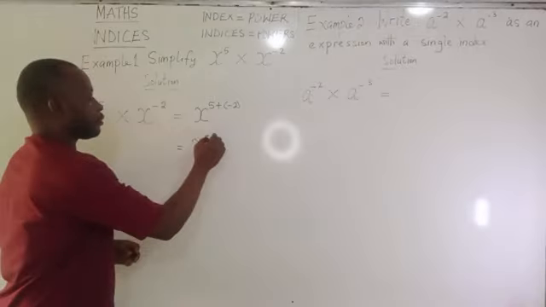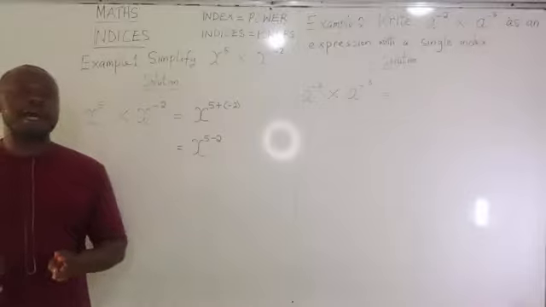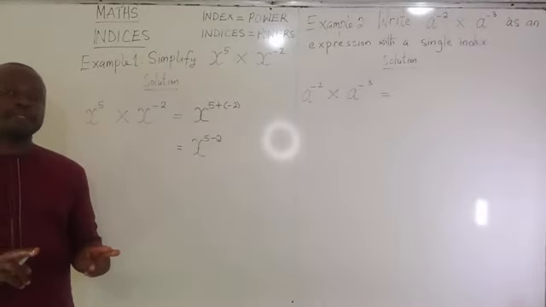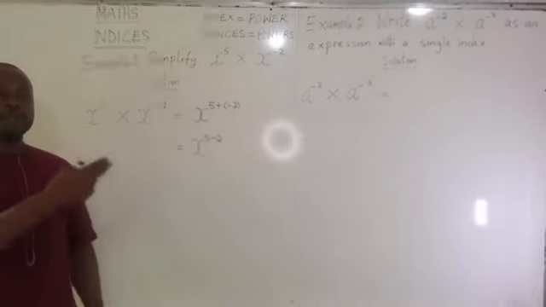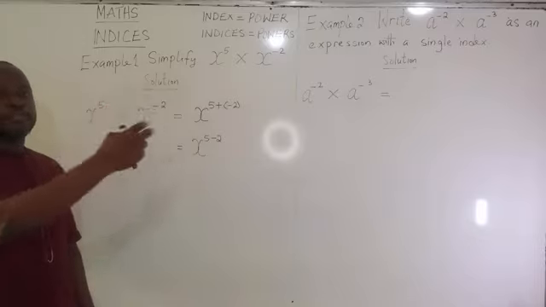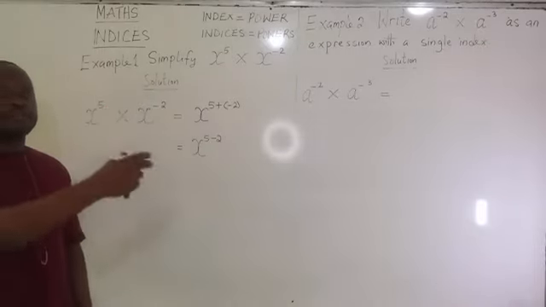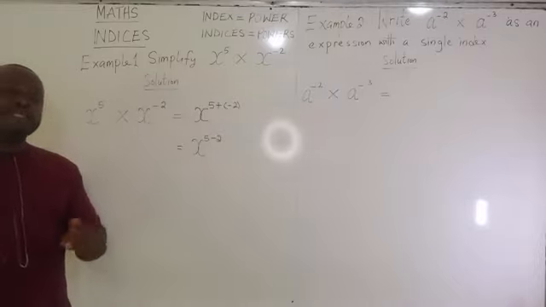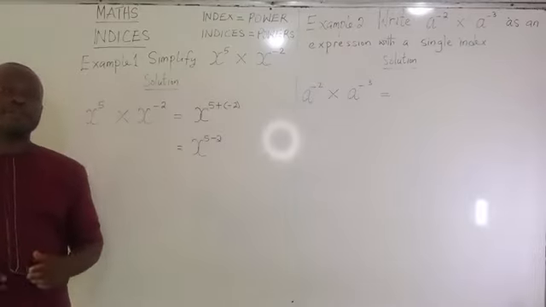minus. In your JSS1, you were taught that when two numbers are multiplying, if they have the same sign, that is, plus times plus is going to give you positive. Minus times minus equals positive. But when the signs are not the same, you are going to get negative outcome.